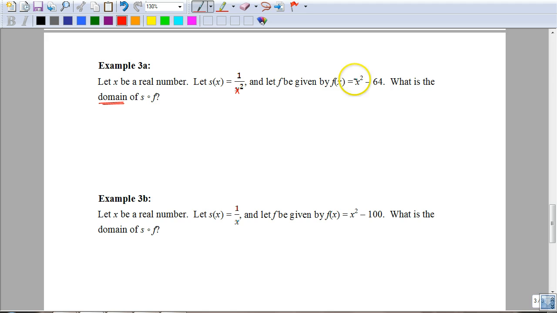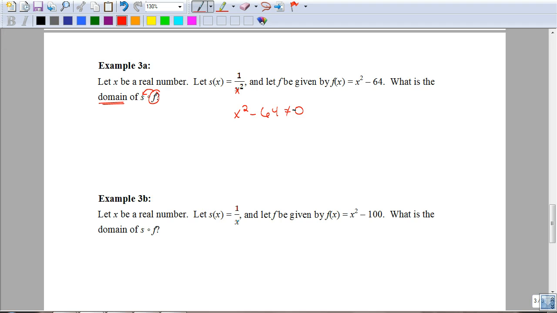So going back over here, remember what we're going to end up doing is we're going to put f inside of function s. We're going to put that answer inside of function s. So the one number that this can't equal is 0. So I want to figure out what x would have to be to give me 0 as my answer, because I can't have that as part of my domain.